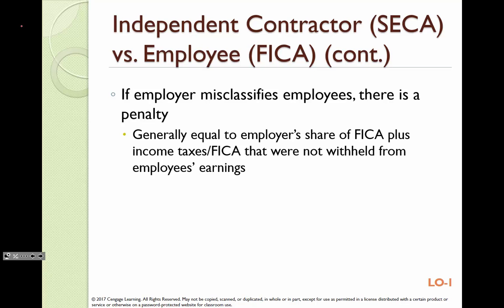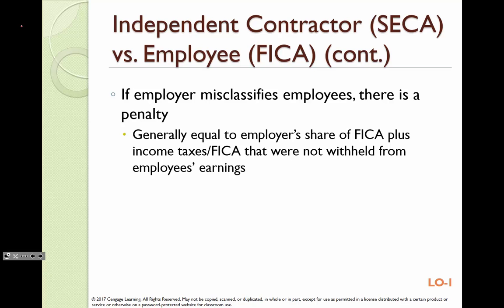So if one of you brings a wage claim against me, or there's some sort of audit that reveals that I've misclassified you, I could be penalized for that other 7.65 I should have been paying, plus all of the income taxes I should have been withholding from your checks.